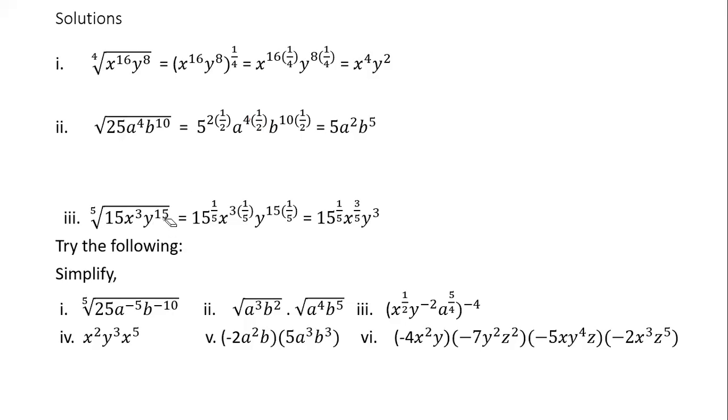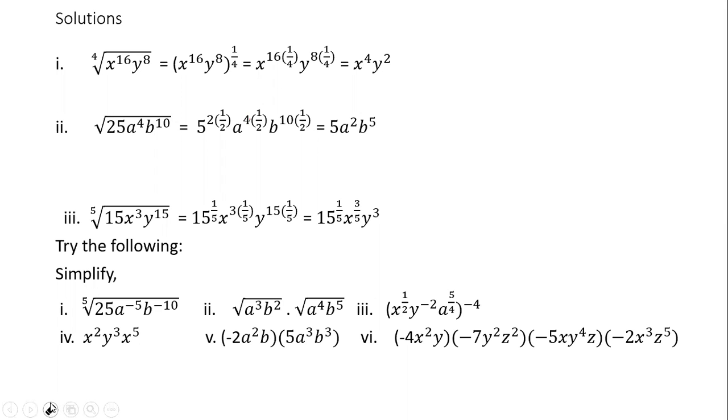So we multiply the powers, 1 over 5, through by the powers. So we have 15 power 1 over 5, x power 3 times power 1 over 5, y power 15 times 1 over 5.